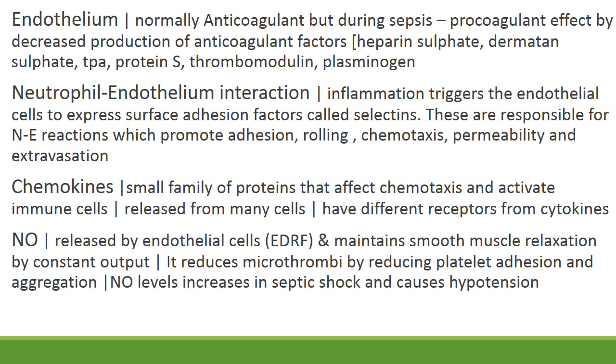Now the endothelium and the neutrophil have their own interaction during inflammation, because during inflammation the endothelial cells start expressing surface adhesion factors which are called selectins. These are responsible for neutrophil endothelial reactions which promote adhesion, slow rolling, fast rolling, chemotaxis, permeability, and finally extravasation into the tissues.